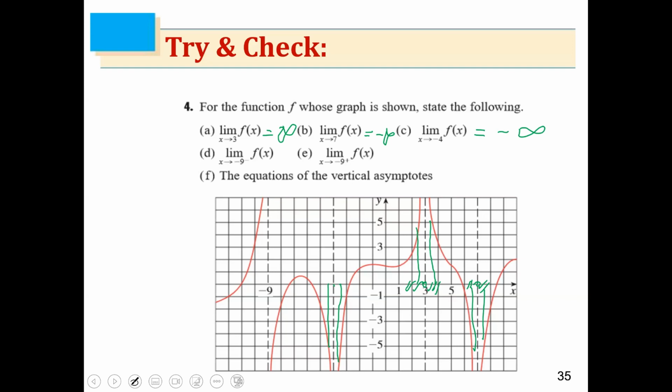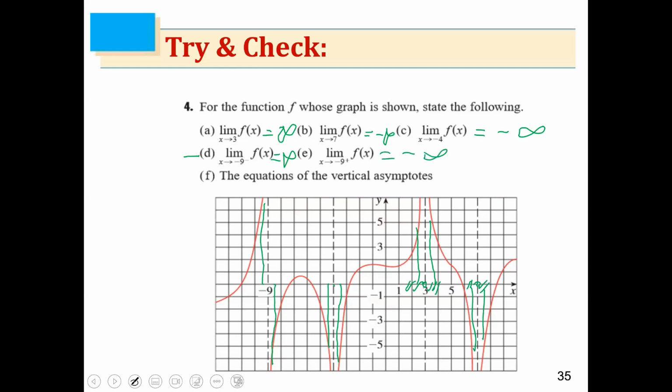Then we will look at minus 9 left and minus 9 right in examples D and E. For D, to the left, I am going to plus infinity. And to the right, here, I am going to minus infinity.